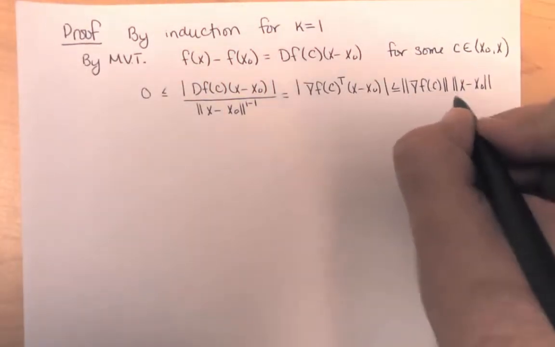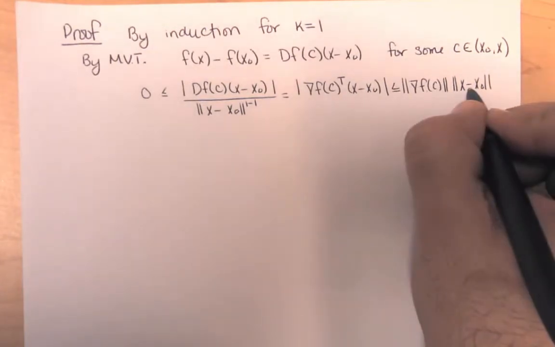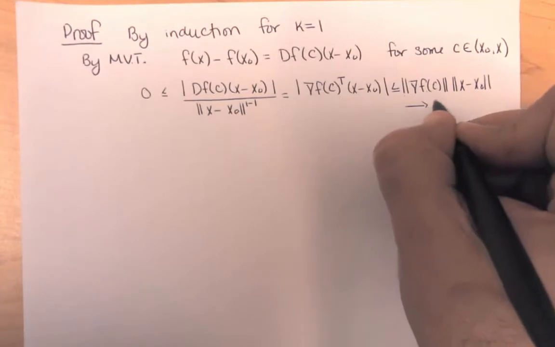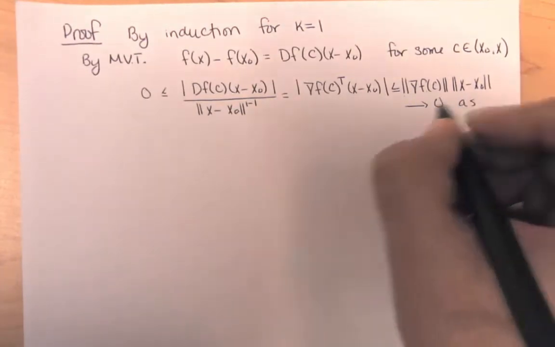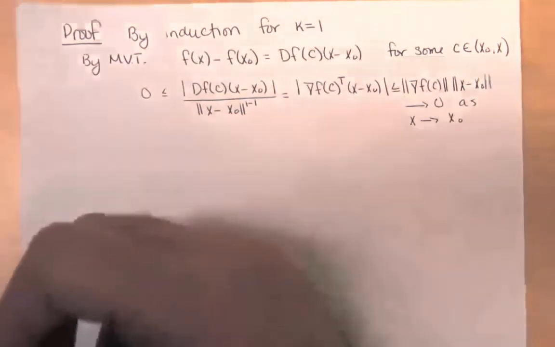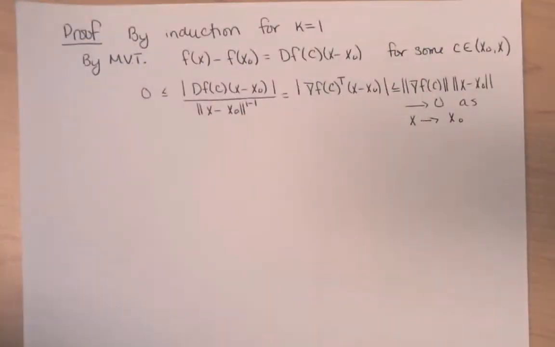So this is bounded, and the norm of x minus x0 goes to 0 as x approaches x0. So we can say that we've proven the mean value theorem if r is 1.